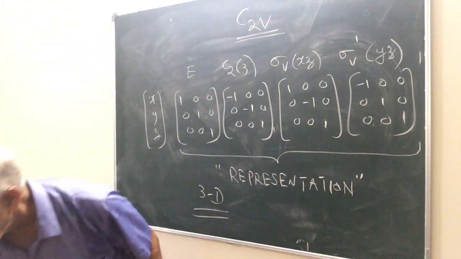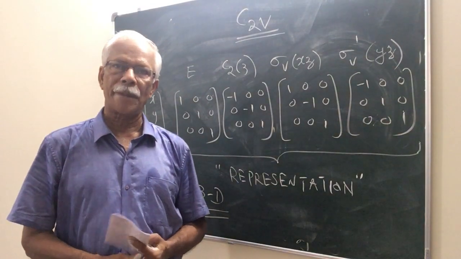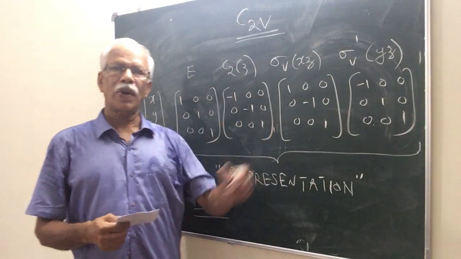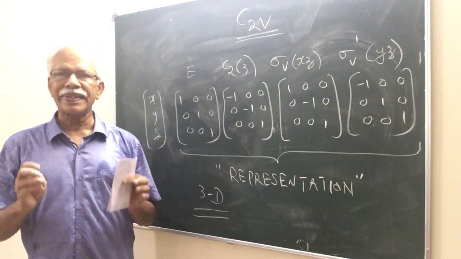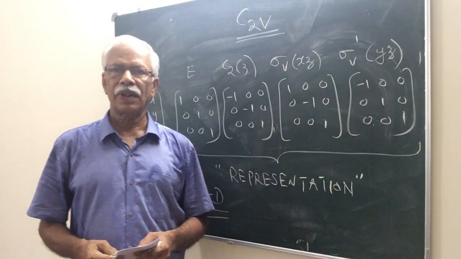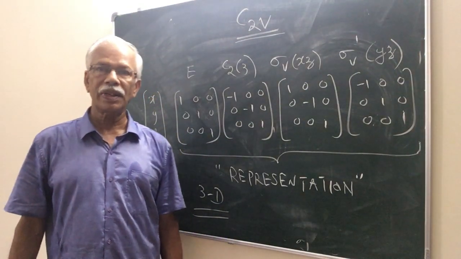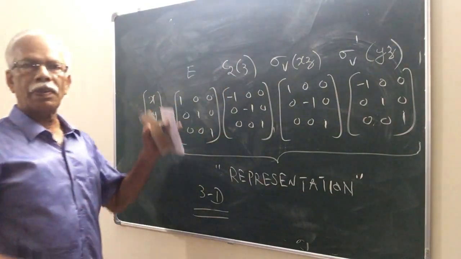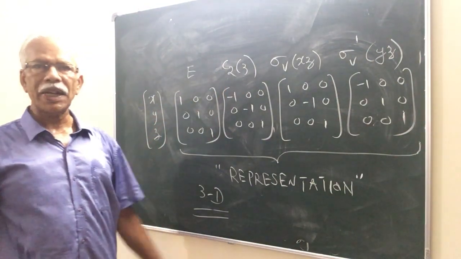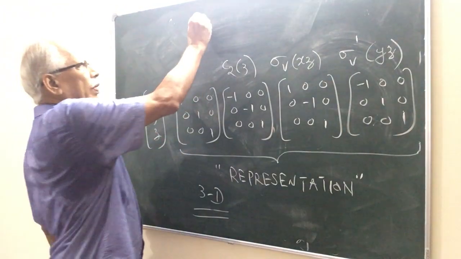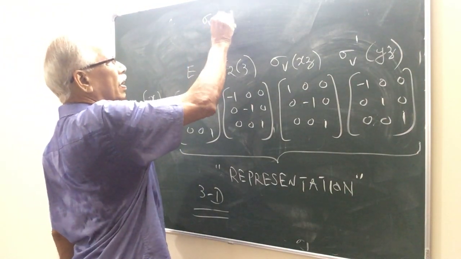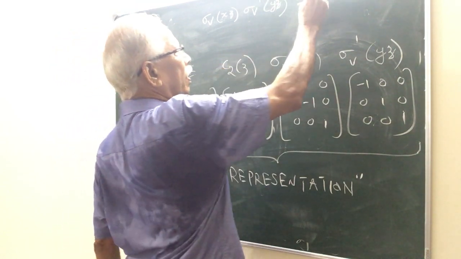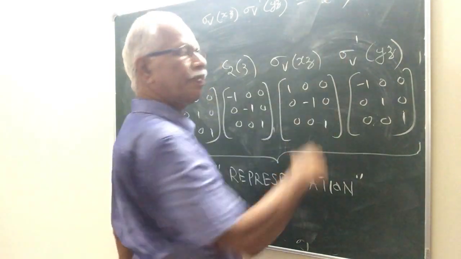These representations are expected to interrelate one another in a way exactly parallel to the way in which the symmetry operations are interrelated. For example, from the group multiplication table of C2V, we know that sigma V XZ multiplied by sigma V dash YZ will give the operation C2Z.